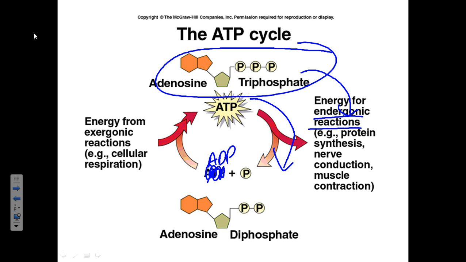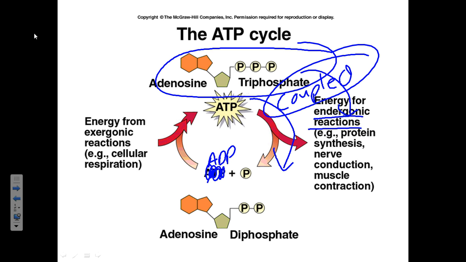And a lot of times, this is an important term. We'll say that ATP hydrolysis is coupled with an endergonic reaction. Coupled with it. They're a pair. The ATP gets broken down, and then the energy from ATP hydrolysis does what? What would the energy from the ATP hydrolysis do? Make the other reaction happen.